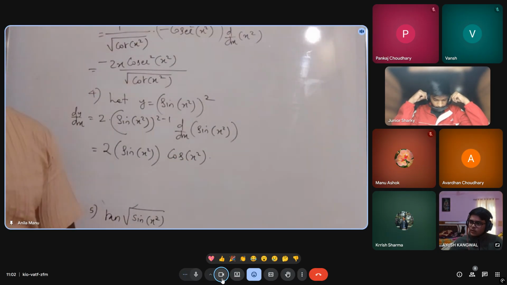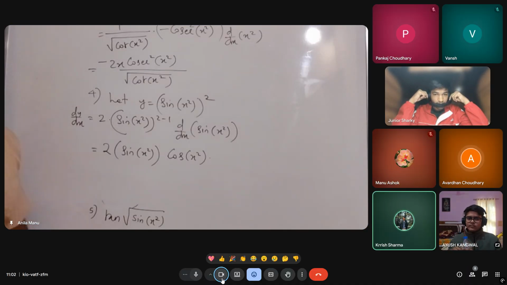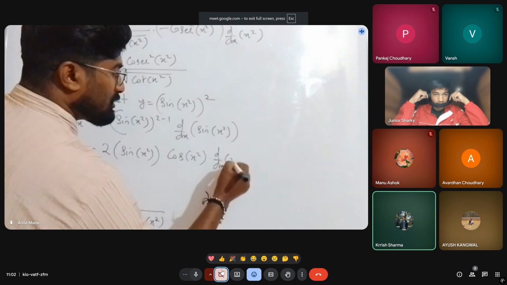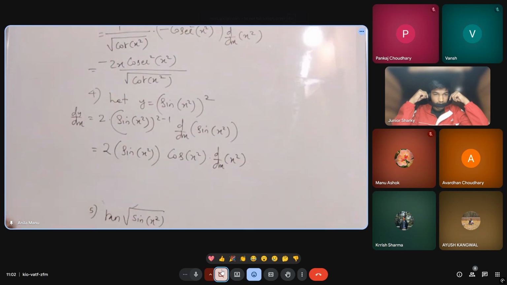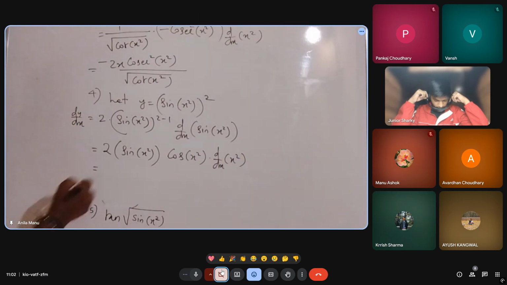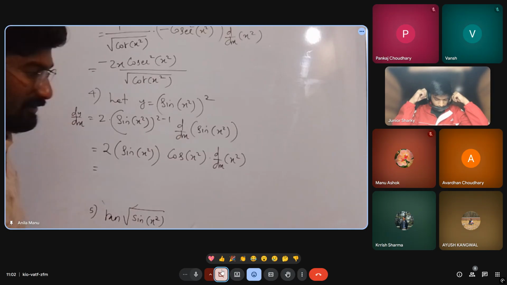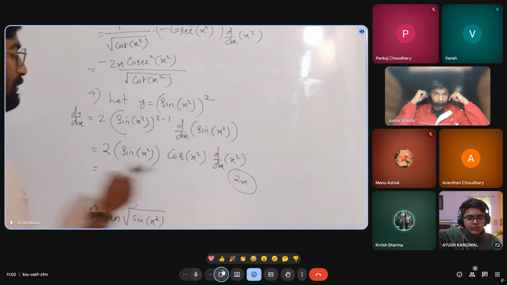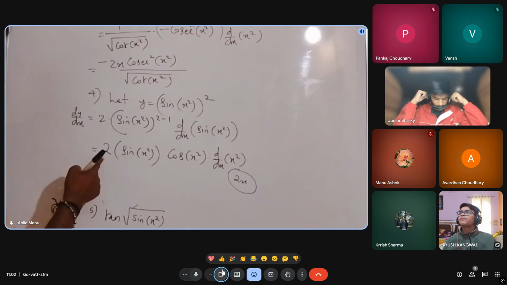Do we have anything to differentiate? x square, d by dx of x square. So when I differentiate x square, I will get 2x here, right? So when I multiply 2 into 2x, it's going to be 4x.